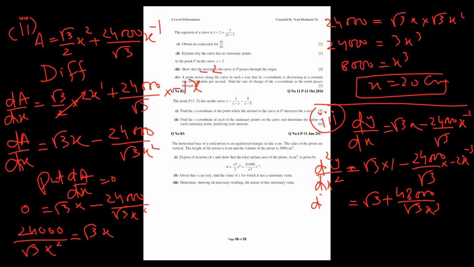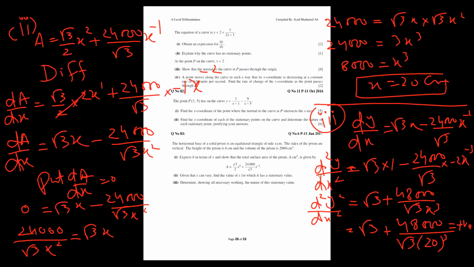Now I'm going to replace the value. All of you know which value: 20 replaces x. So let's see what answer comes: root 3 plus 48,000 by root 3 into 20 to the power 3. Common sense, it is giving us a positive answer, because positive, positive, positive.